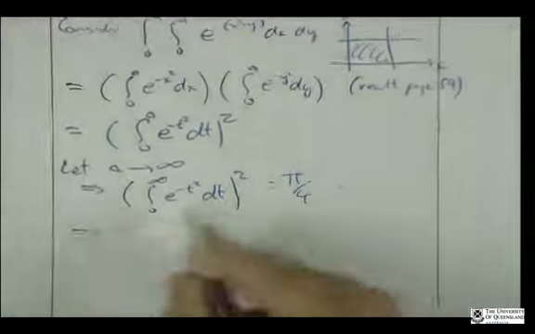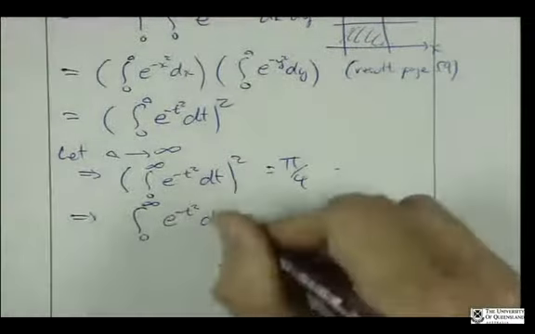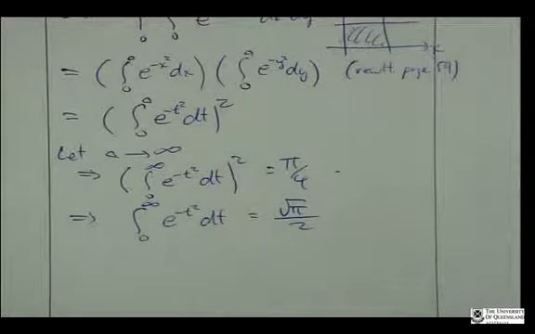So that means even though I can't integrate this or write down the antiderivative of e to the negative t squared in terms of elementary functions, I can still work out that in the limit as this upper bound goes to infinity, it converges to that value of root pi on 2.